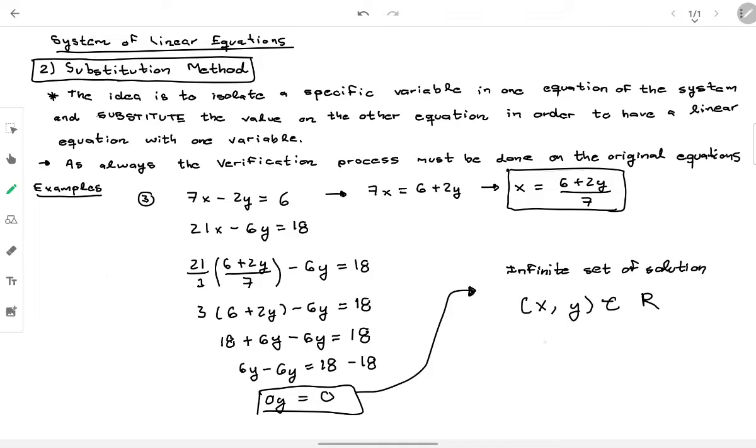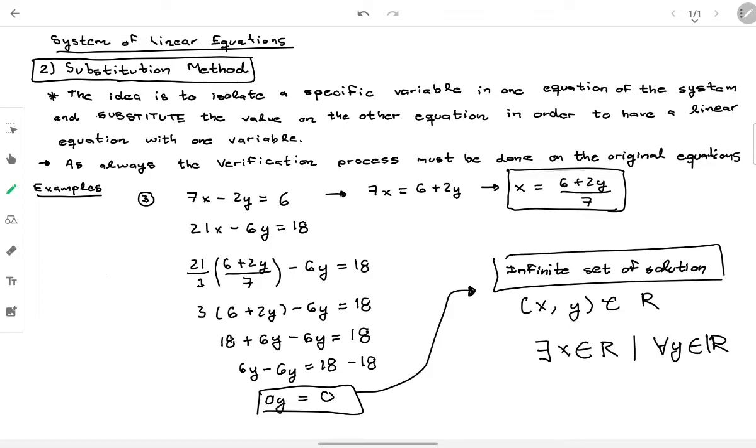Or we can put it like x belongs to the real numbers, and also y belongs to the real numbers. So we can say x and y can be all the possibilities, so we will have an infinite set of solutions for this specific set of equations.